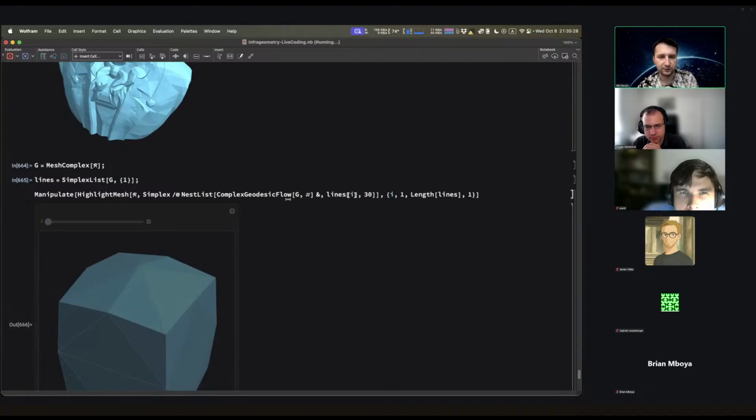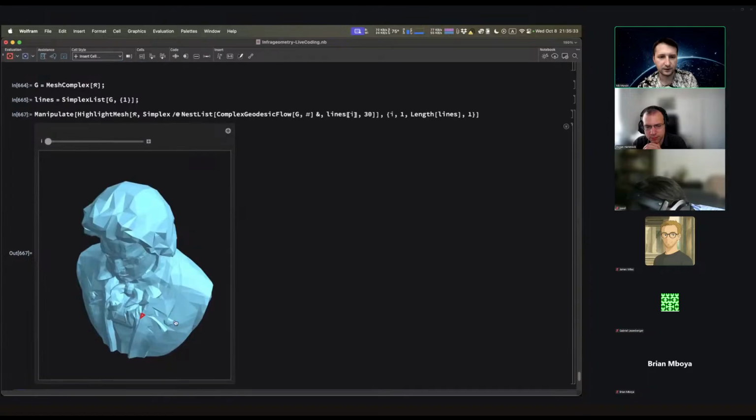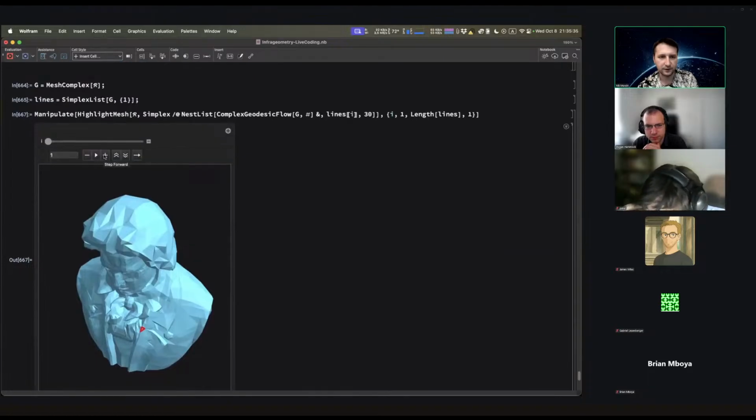Kind of slow. Yeah, the GD6 flow now takes much longer. It kind of stays there in the local region. Oh, that's fun.